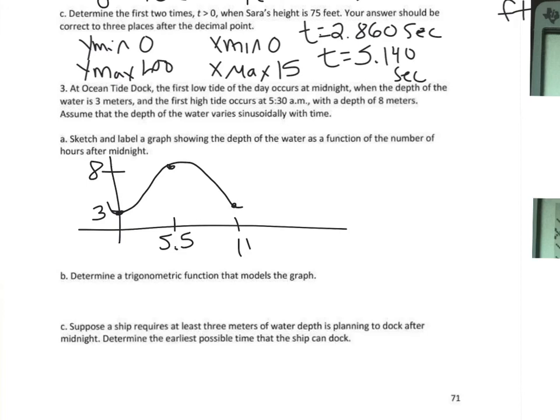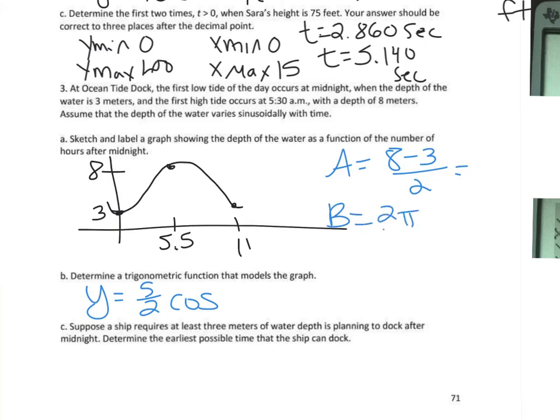So to write our equation, amplitude is max minus minimum divided by 2. I'm going to pick cosine. B is 2 pi over the period. Since I picked cosine, I'm going to go to the right 5.5 for the phase shift.